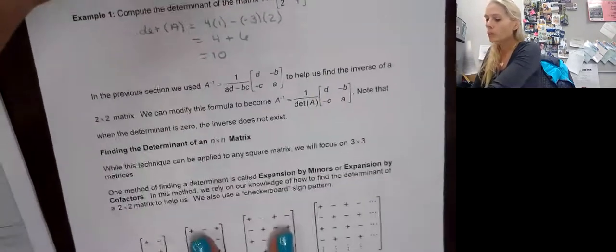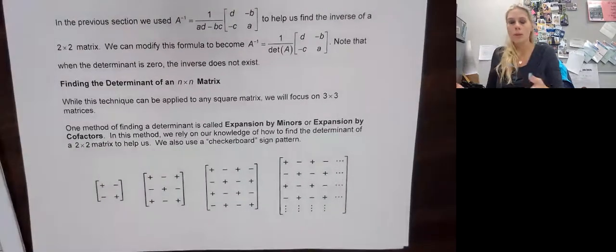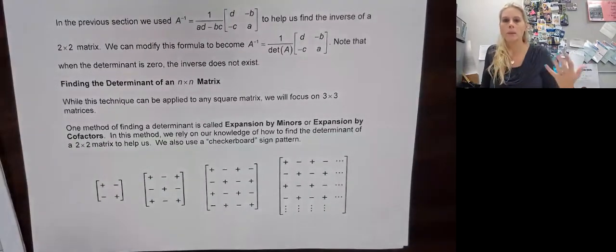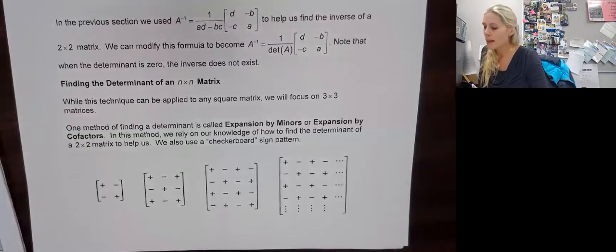So of course we have that little trick when we are doing a 2x2, but what happens when we have a larger scale? So think of an n by n matrix, okay? So one method of finding a determinant is called expansion by minors or expansion by cofactors.